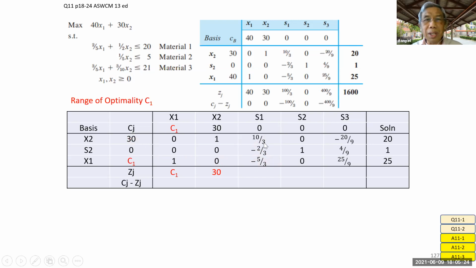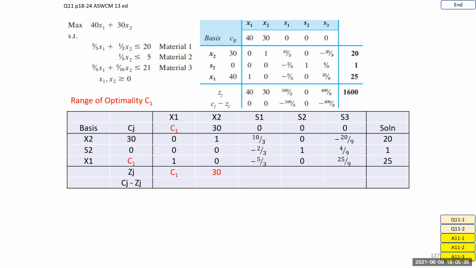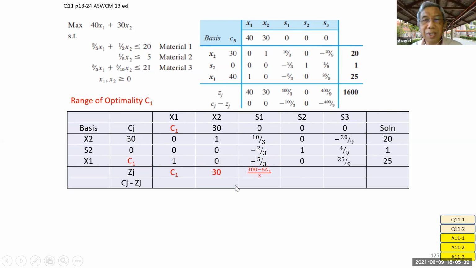So 30 times 10 is 300 over 3, plus C1 times negative 5, so 100 minus 5C1 over 3. Agree with this one?